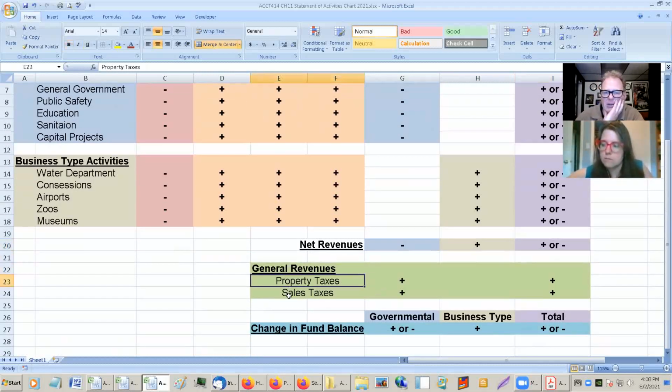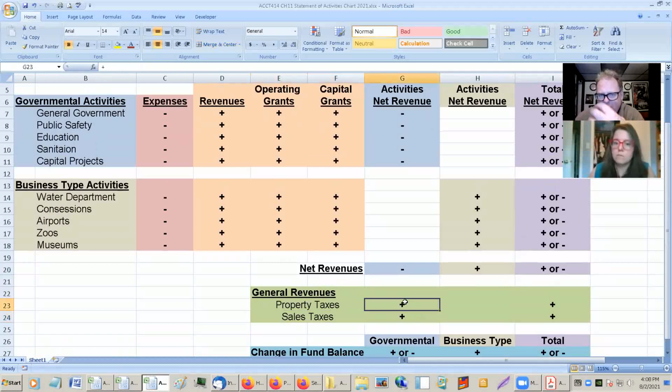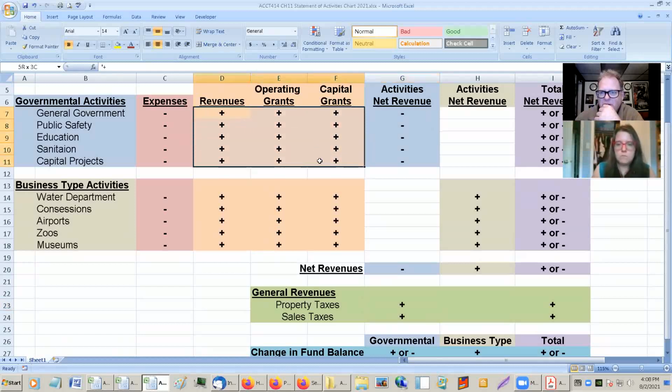General revenues, property taxes, sometimes sales taxes are also in there. Some places charge sales taxes and that sort of thing. But property tax and sales taxes are the general revenues, I know I told you this before. The general revenues are great because you can use them anywhere. These are generally restricted to whatever the department is. If you collect fees from the students, say for computer access or whatever it is, those are revenues, but generally those revenues can only be used for education.